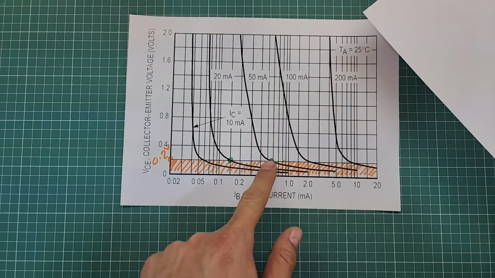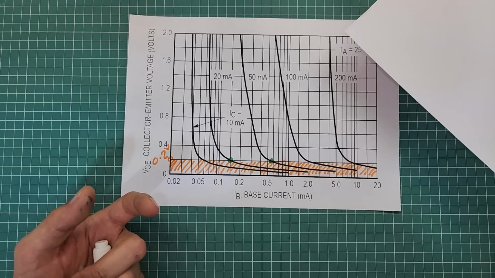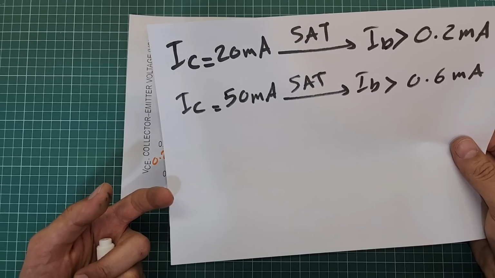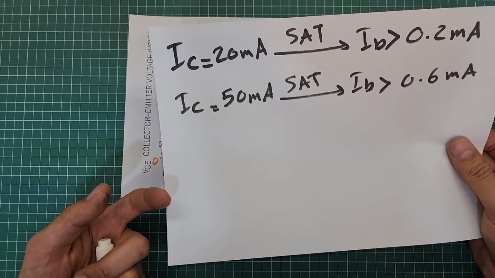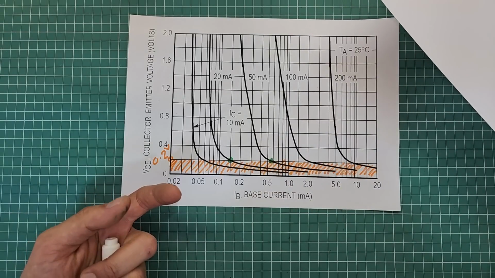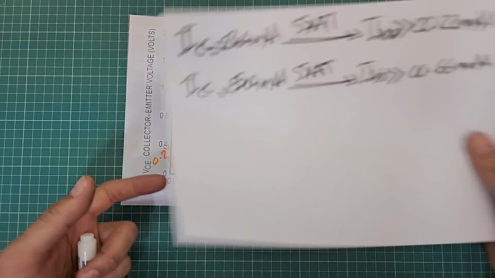Look here. It's likely that the transistor with IC equal to 30 milliampere will go to saturation region when the IB is higher than 0.3 milliamperes. I mean, the threshold value is 0.3 milliampere in this example.